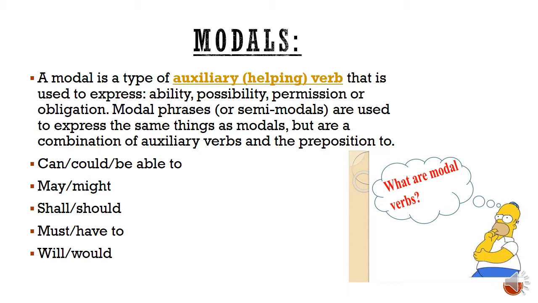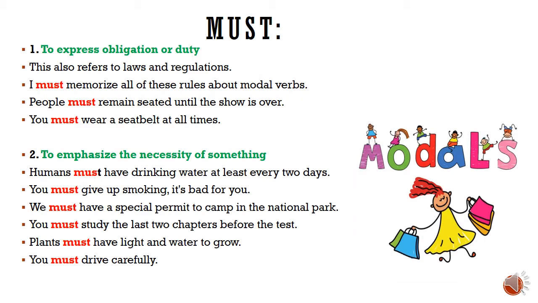Now, what are the modals? Here we have some examples of modals like can, could, or be able to, may, might, shall, should, must, have to, will, and would. Now I will clarify the job of each auxiliary.